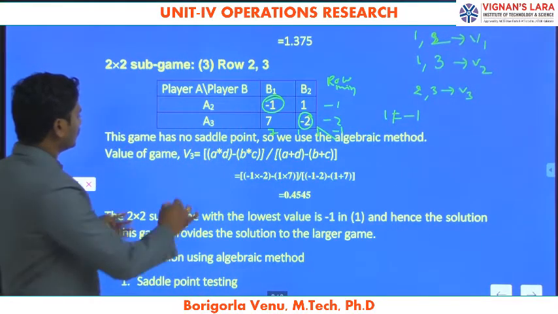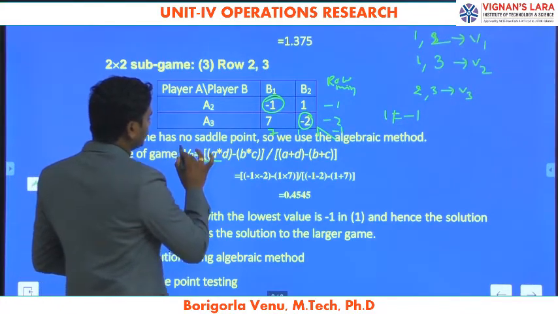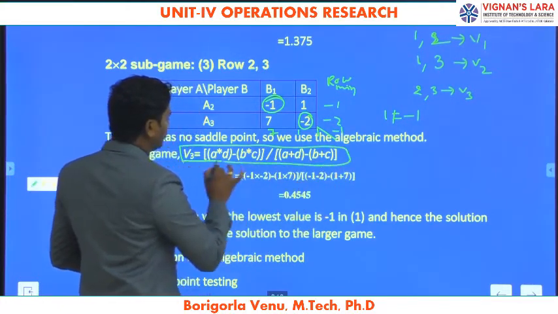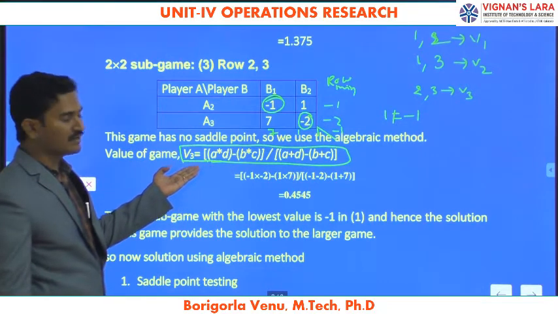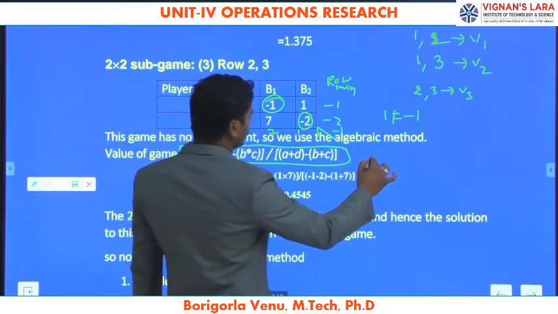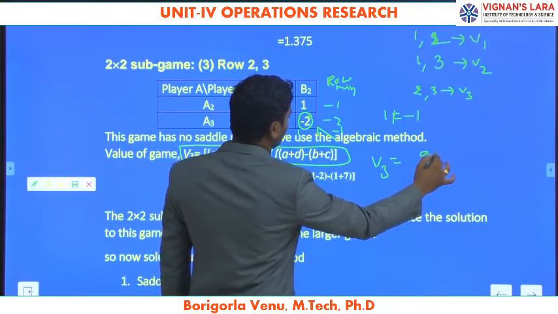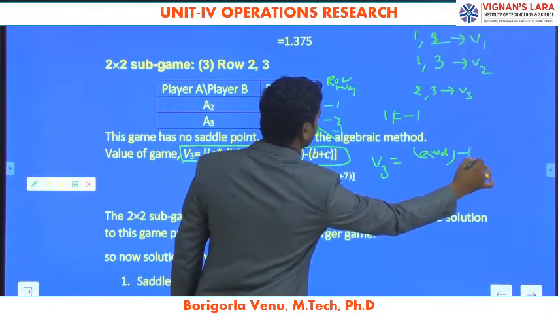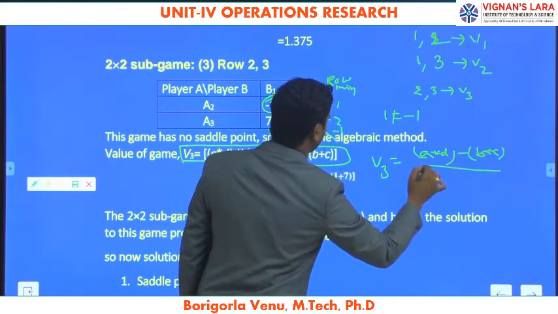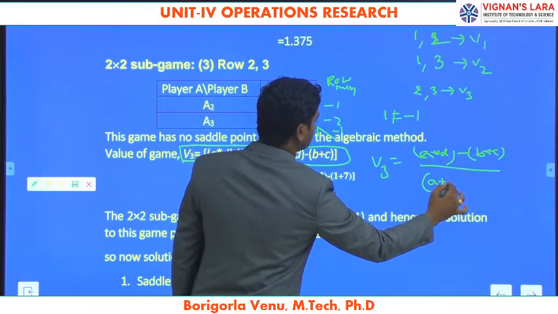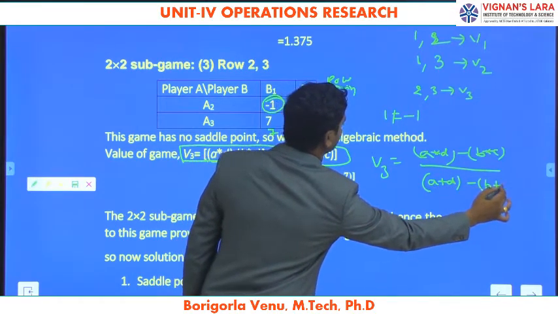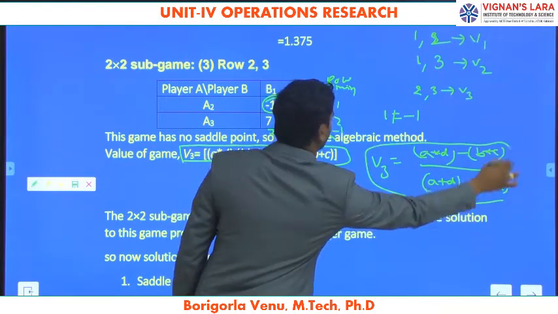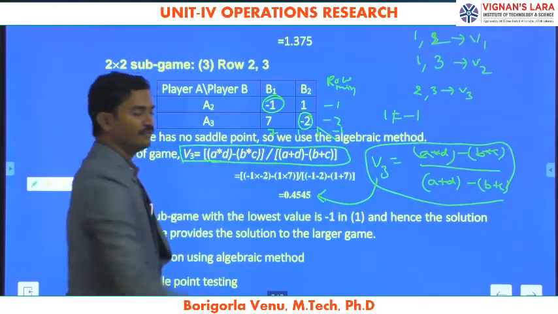Again I am going to take the algebraic method to calculate the value of the game. So here we choose the v3 formula: (a into d minus b into c) by (a plus d minus b plus c). From this formula we calculate the value of the game v.